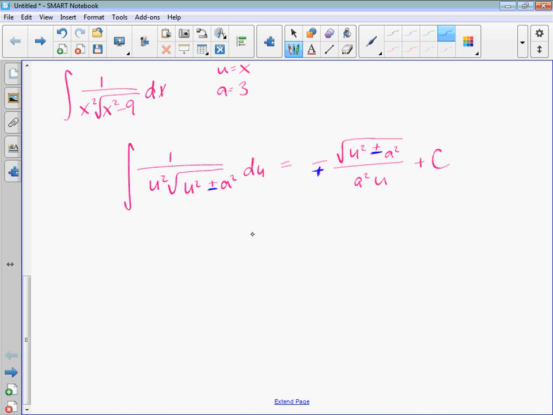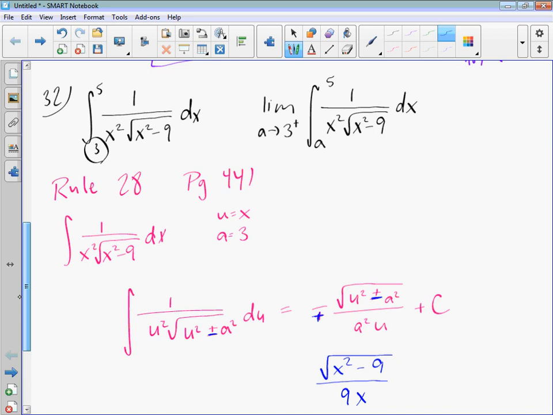So when I'm writing this, I'm going to use the plus here, right? And instead of the square root of u squared, I'm going to put the square root of x squared. And then instead of plus or minus, I'm choosing the minus. And then a squared is 9. And then it's over a squared u, which will turn into 9x. And then I have my plus c, but do I need my plus c for this problem?